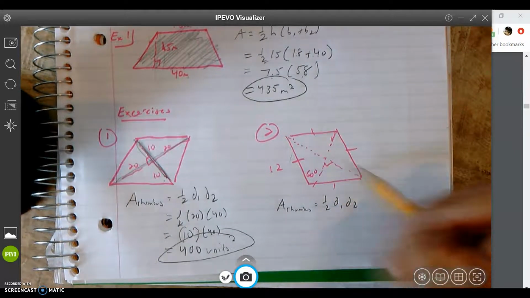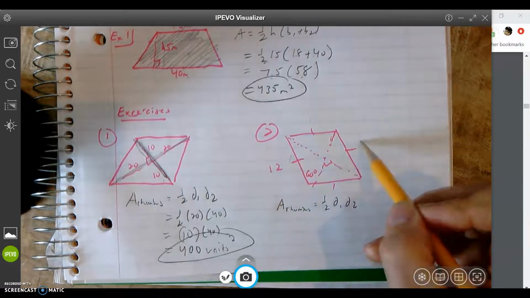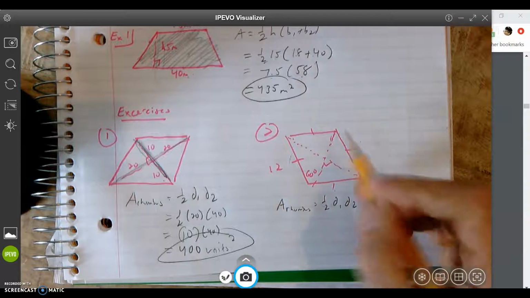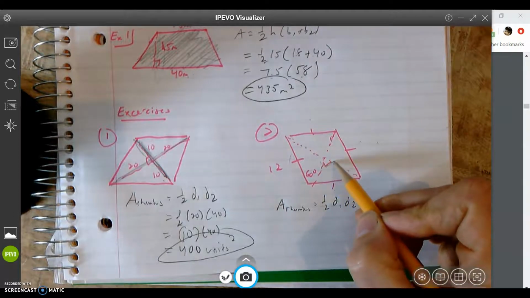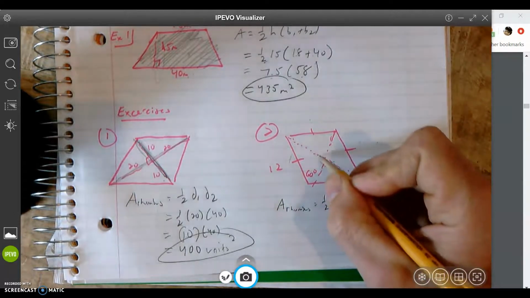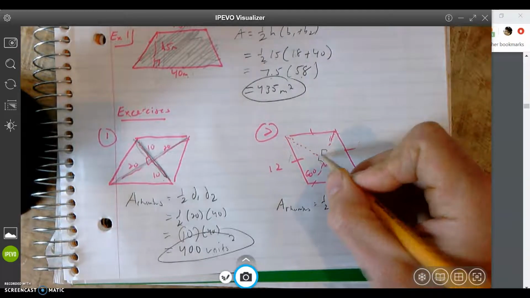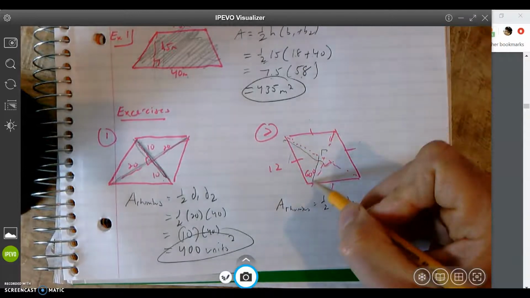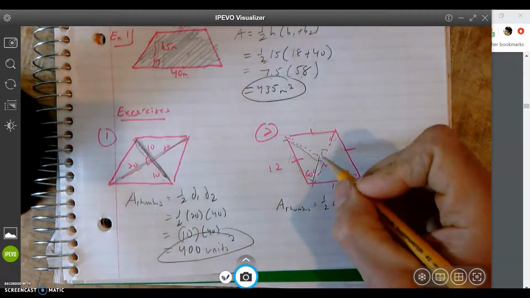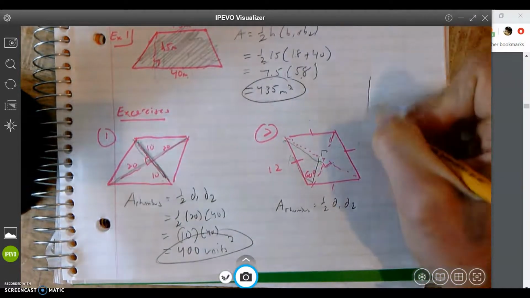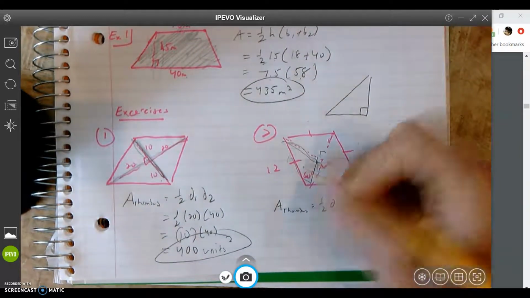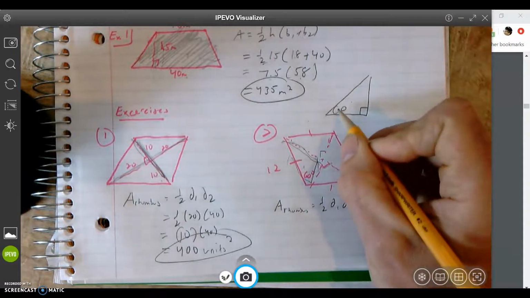It just gives you that all the sides are congruent, and so all these sides are 12. It also says that this is a right angle in there. So that means that these two lines are perpendicular, so you have all these right angles in here. So this 60 has got to be something we have to deal with. It looks like I have a right triangle like this, if I just peel this off. So it's this triangle here. I'm just putting it right there where you have 60.